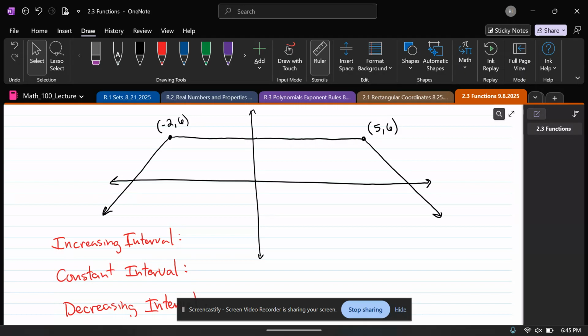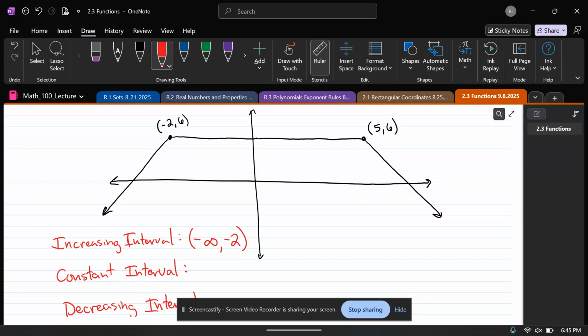Okay? So now we've got to figure out how to write that interval. If this left side is your increasing interval, x values are what you want to talk about. Not y values, just x values. What are the x values for that little piece right there? Negative infinity up to -2. Put parentheses on both of them.